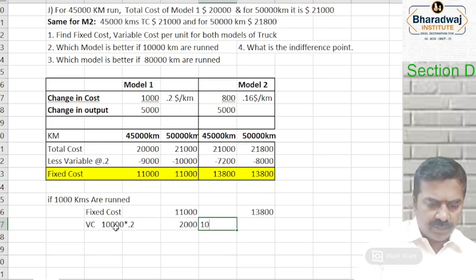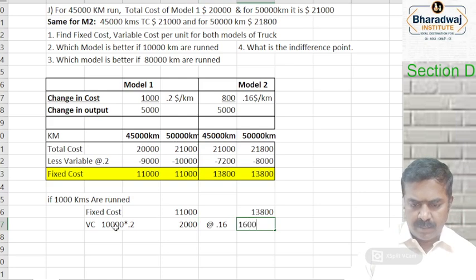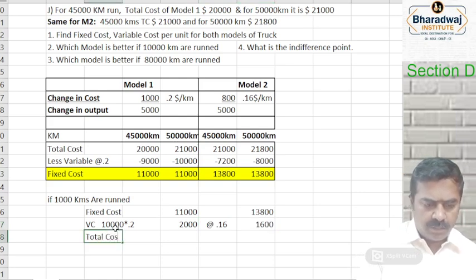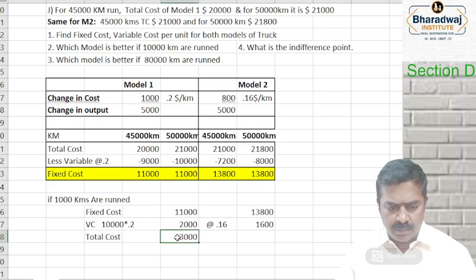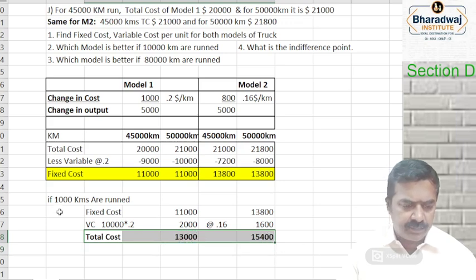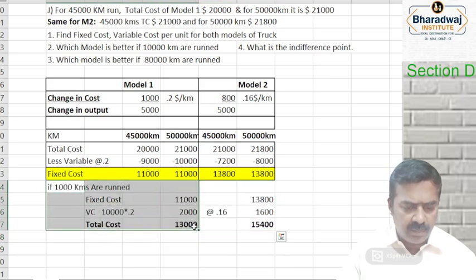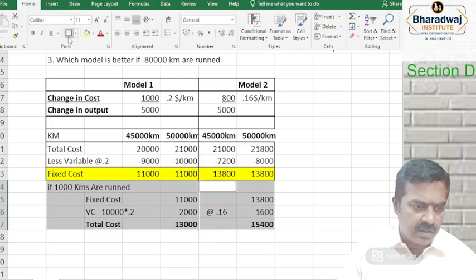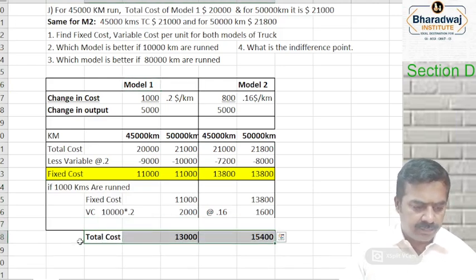Here it is 10,000 into 0.16. Which model is better if 10,000 kilometers are run? The model which is having what? Lower total cost. Model 1 will be better.